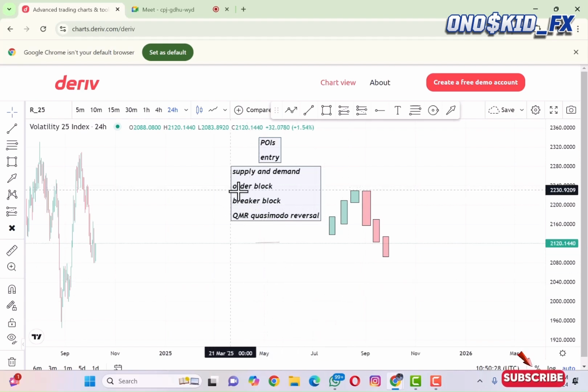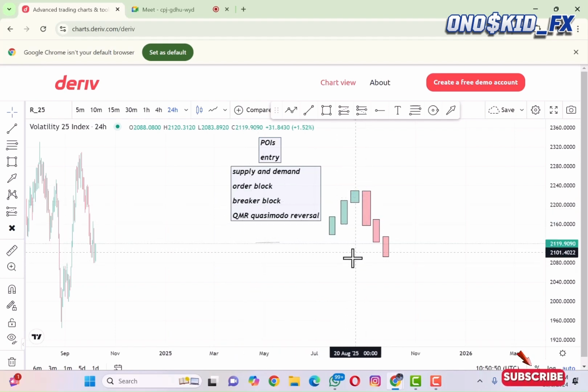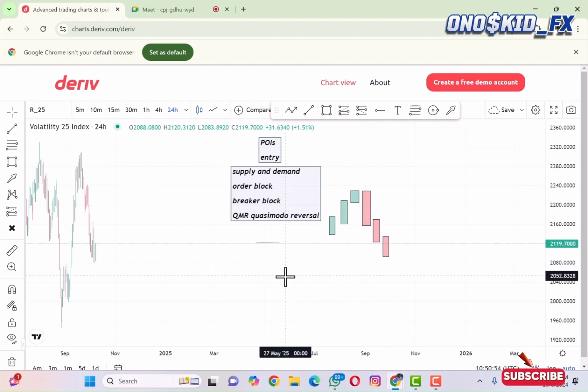Now, a bearish order block is the last bullish candle before a massive drop in the downward direction.